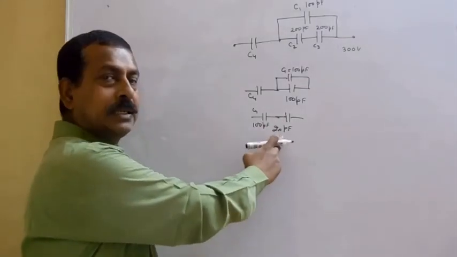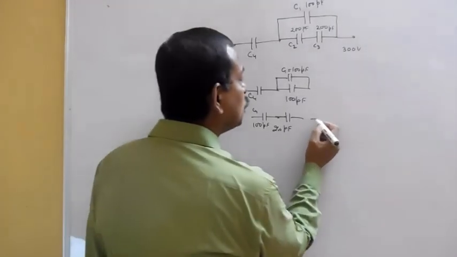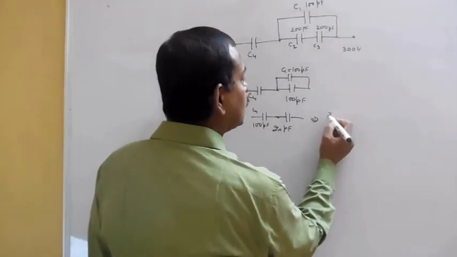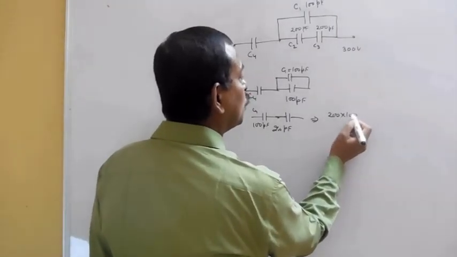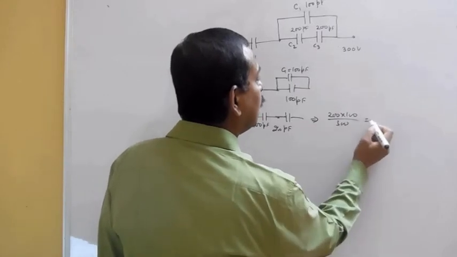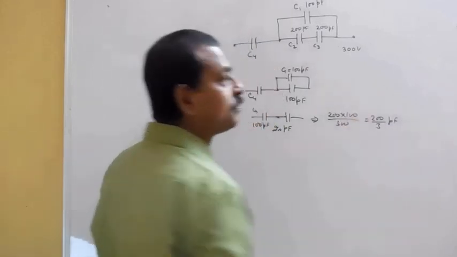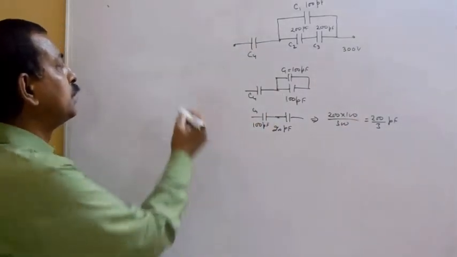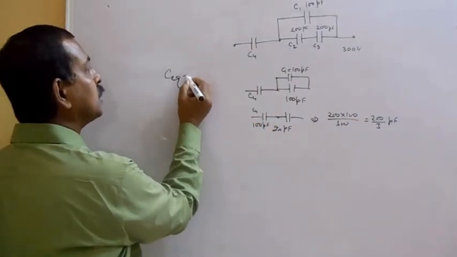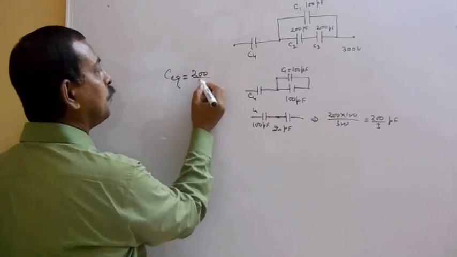So these two are again in series, giving you an equivalent capacitance of 200 into 100 by 300, and that is 200 by 3 picofarad. This is the value of the equivalent capacitance.